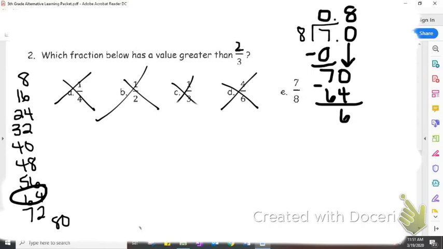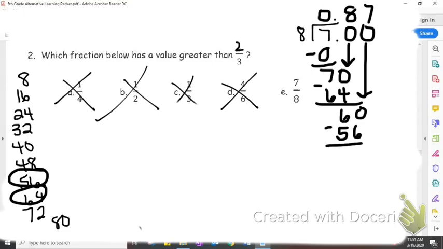6 is less than the divisor, so I can bring down 7 and 0/100 is the same as 7. Now I'm doing 60 divided by 8. Now I can get close with 56. That means 60 divided by 8 is 7. Now let's multiply. 7 times 8 is 56.